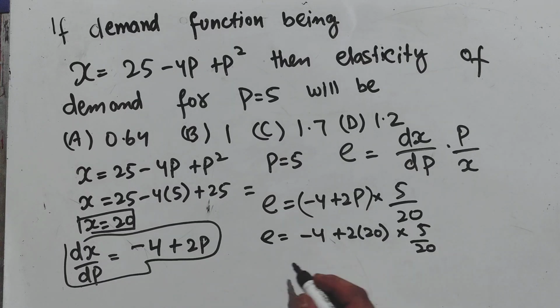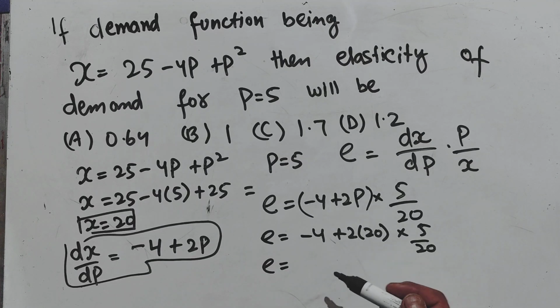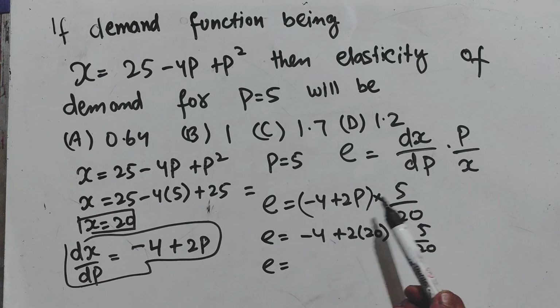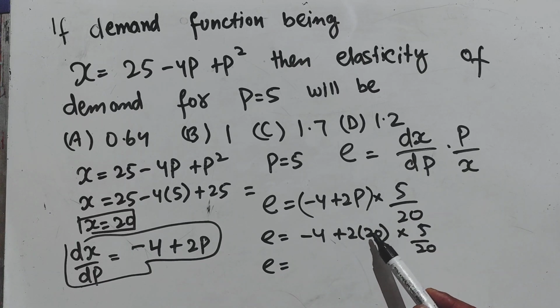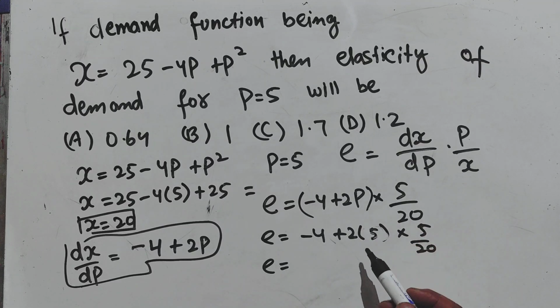Yes, let me see if I have done it correctly or not. Rather p is 5, sorry, p is 5, so we get 2 5s are 10 minus 4, which is 6.